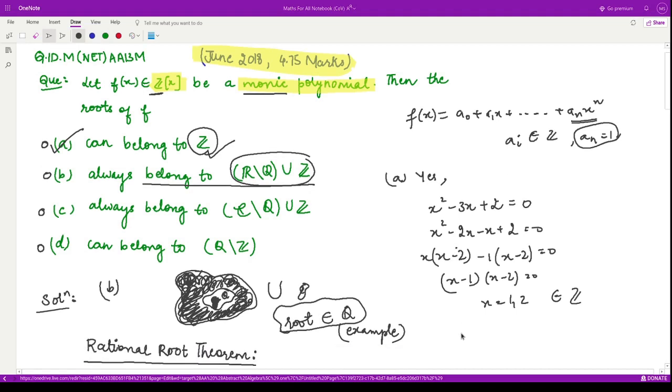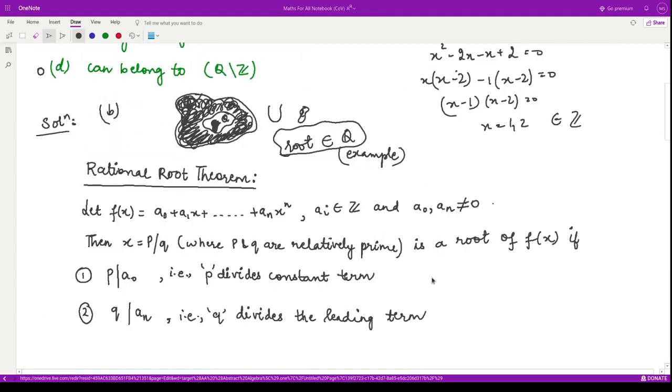Actually, you can see this using the rational root theorem, which says that if you are given any polynomial of this kind, a0 plus a1x plus up to anx raised to power n, whose coefficients are integers, and the constant term and the leading coefficient are non-zero, then we have a rational root p upon q if these conditions are satisfied.